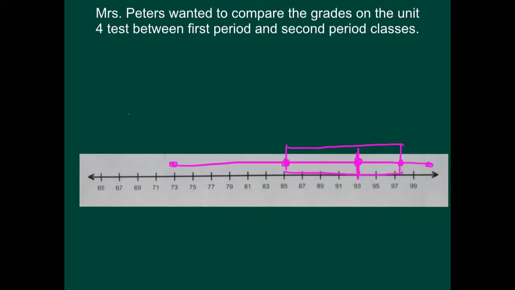All right, now I want to talk about what it means to be a box and whisker. A box and whisker is taking our data back from the beginning of all those test scores, and it cut it into quarters. That's why we call these things quartiles. We have this 25%, this 25%, this 25%, and this 25%.